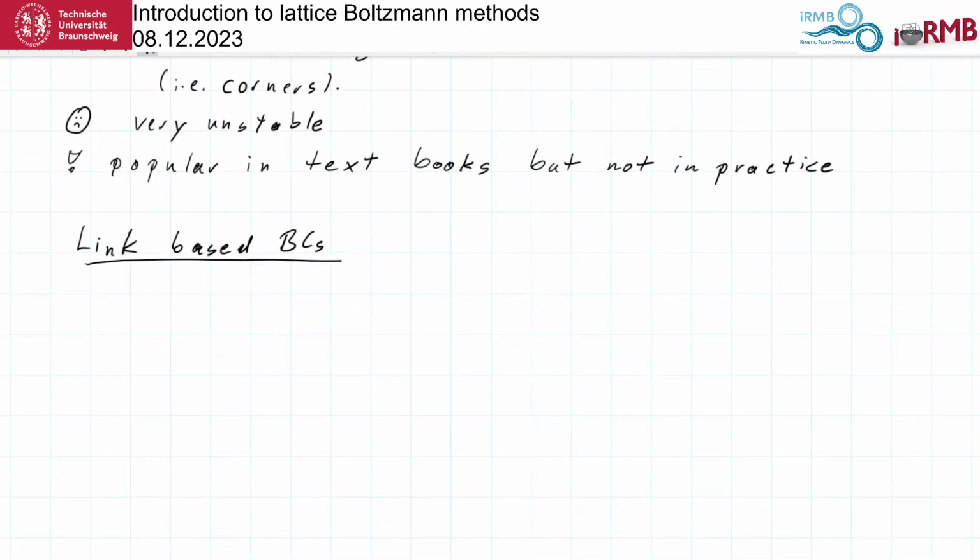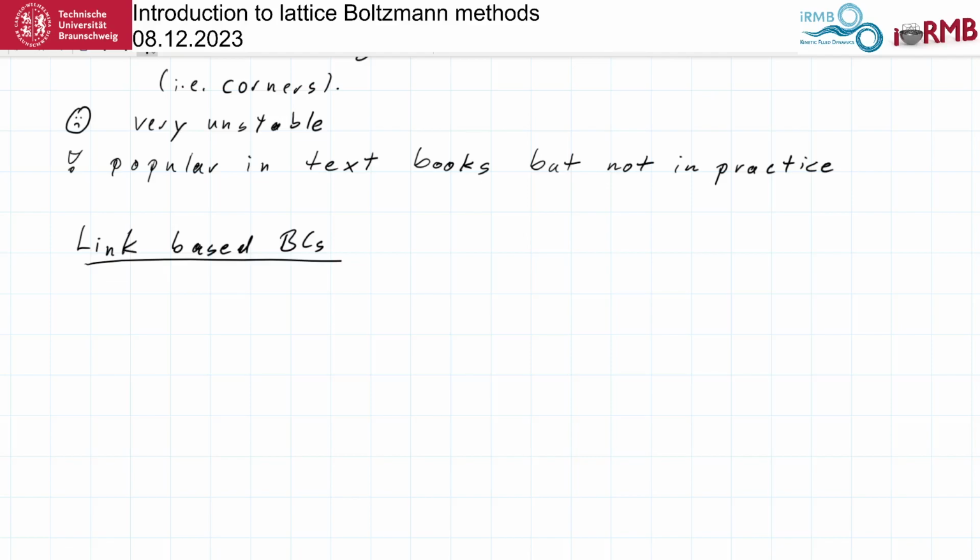Okay, the link-based boundary conditions, they are not imposed on a node, but they are imposed somewhere in between. And if you think back where I said that the distributions are actually not stored on the link during the collision, but in between the nodes, then you can already recognize it should actually be better to place the boundary condition not directly on the node, but in between the nodes.